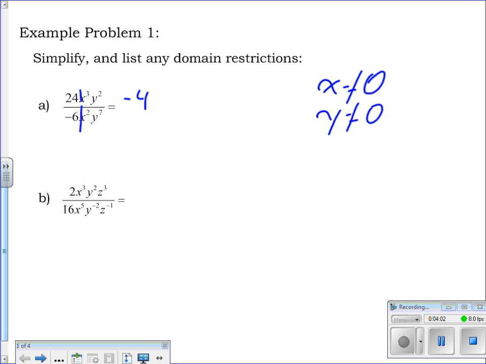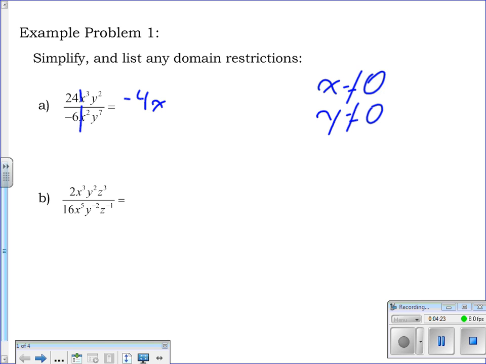Okay. And then I look at each variable. So I have x cubed over x squared. Well, 3 minus 2 is 1, so I have x to the first, which we don't write because we don't write 1 if we don't need to. And then I have 7 and 2.